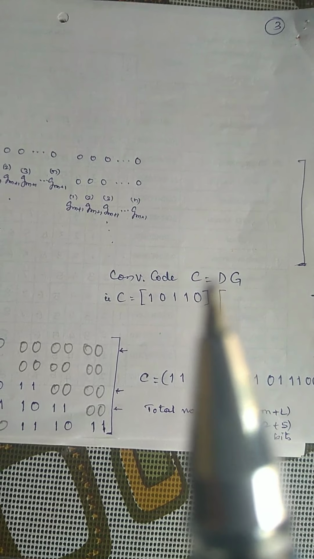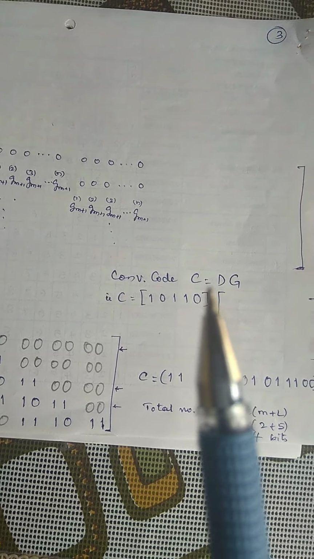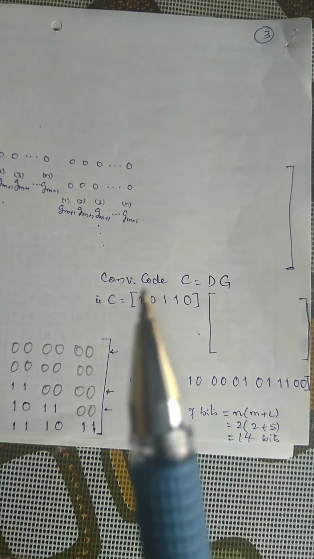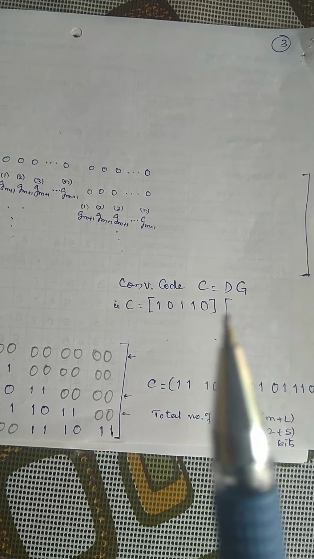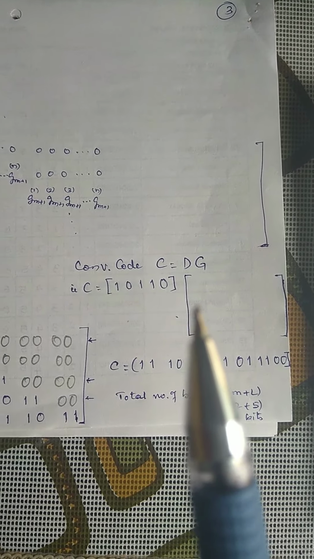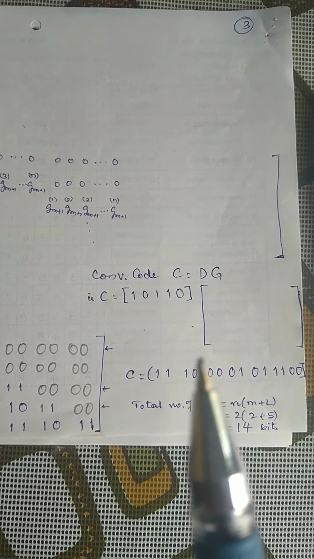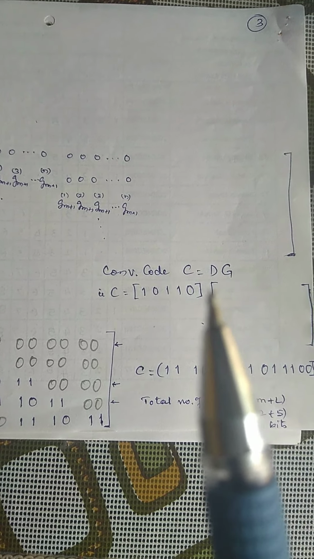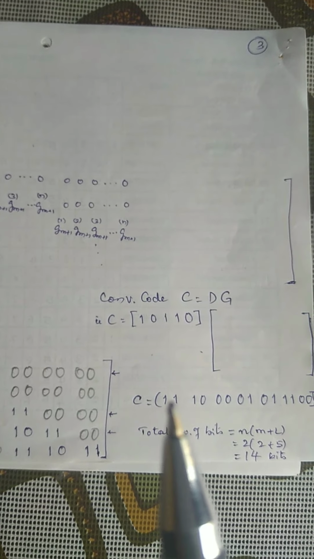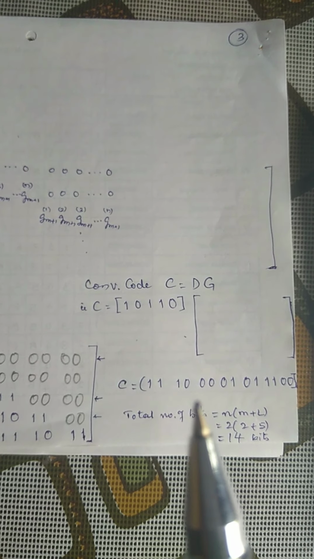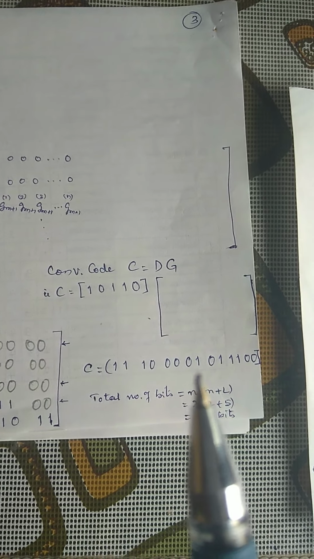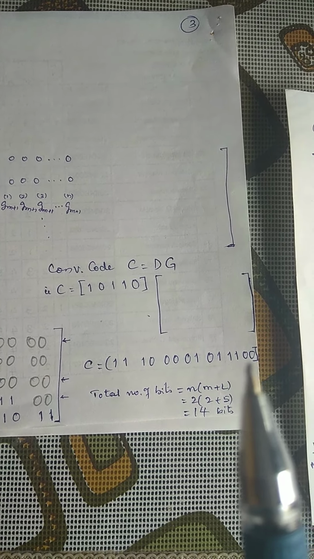Then the code word is simply obtained by multiplying the message with the generator matrix. So the message is 10110 and the same generator matrix. By multiplying this, with modulo 2 addition for every column, we generate 1 1 1 0 0 0 0 1 0 1 1 1 and 0 0.